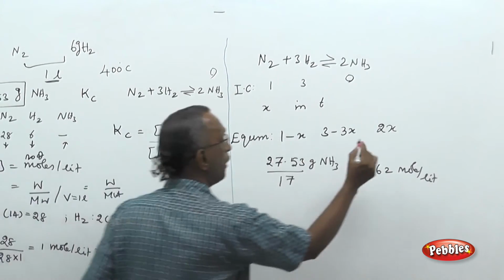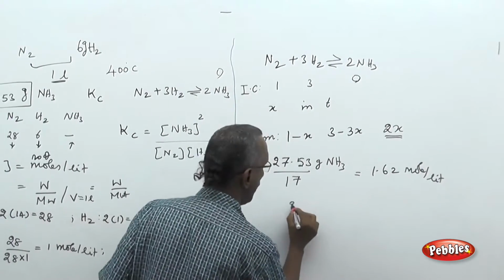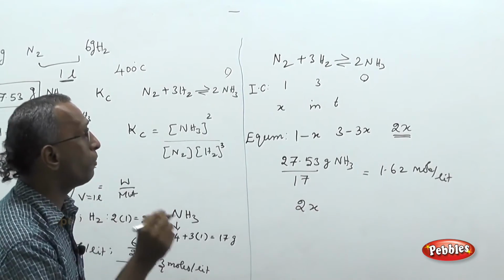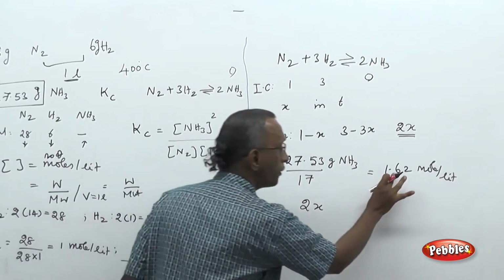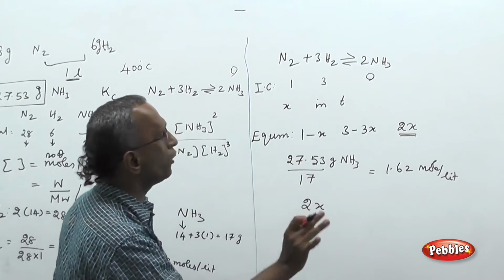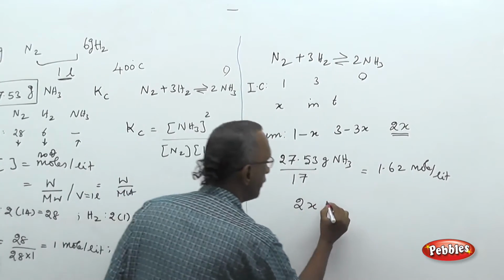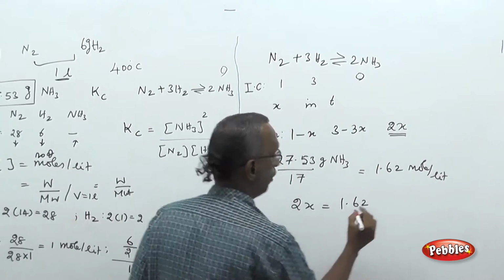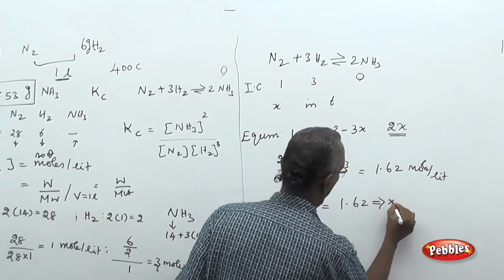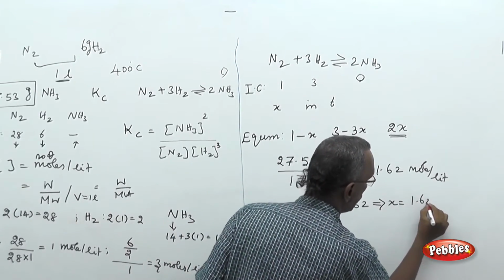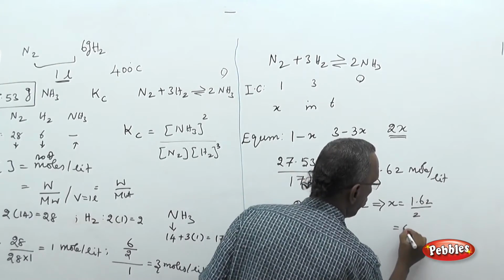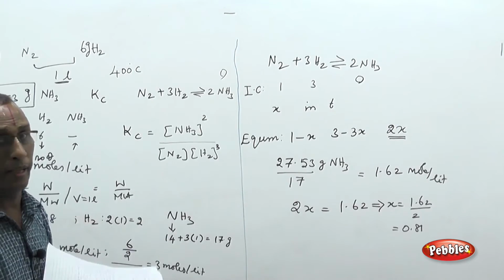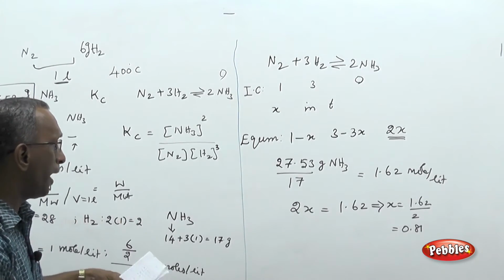But as per the equilibrium, we have seen that 2X is formed. So 2X is the amount of ammonia formed, and 1.62 is the number of moles of ammonia formed, which means that 2X equals 1.62, or in other words, X equals 1.62 by 2, equals 0.81 mole per liter. X is the amount reacted.